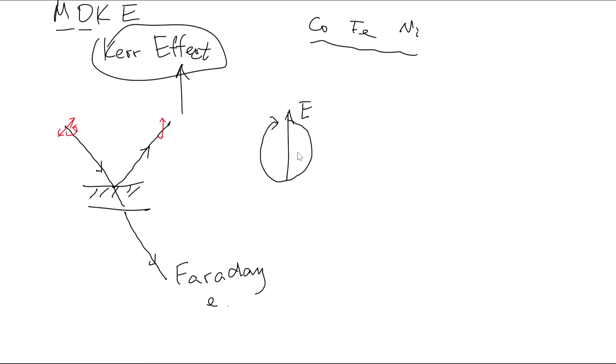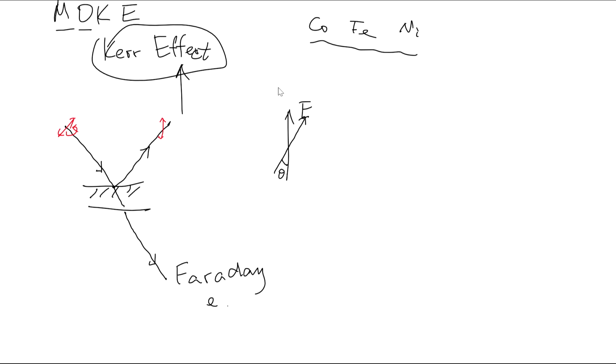So this polarization of light is used to make magneto-optic Kerr effect measurements. If you shine light with the electric field pointing in a certain direction and you detect the light, it turns out that the polarization rotates by an angle theta after reflection off the magnetic surface, and that rotation depends on the magnetization.